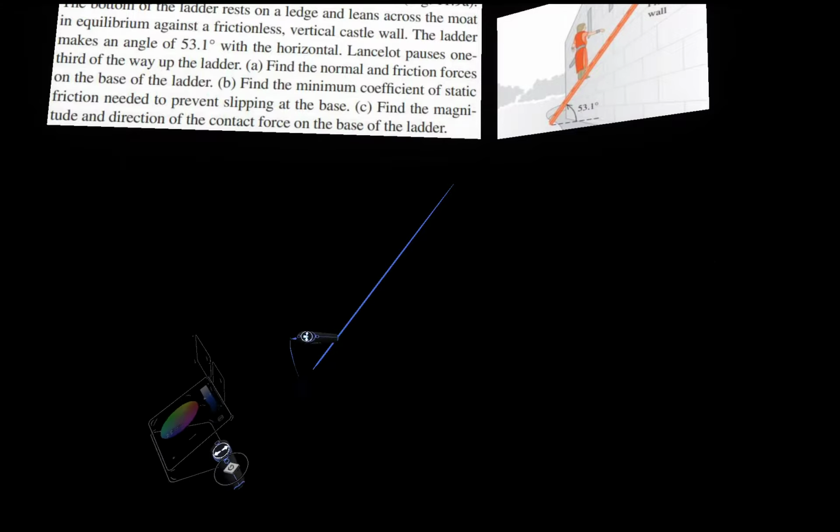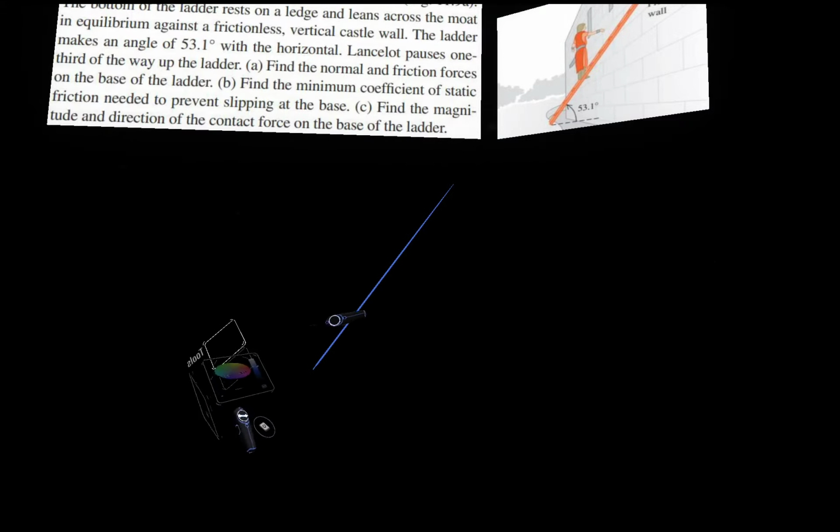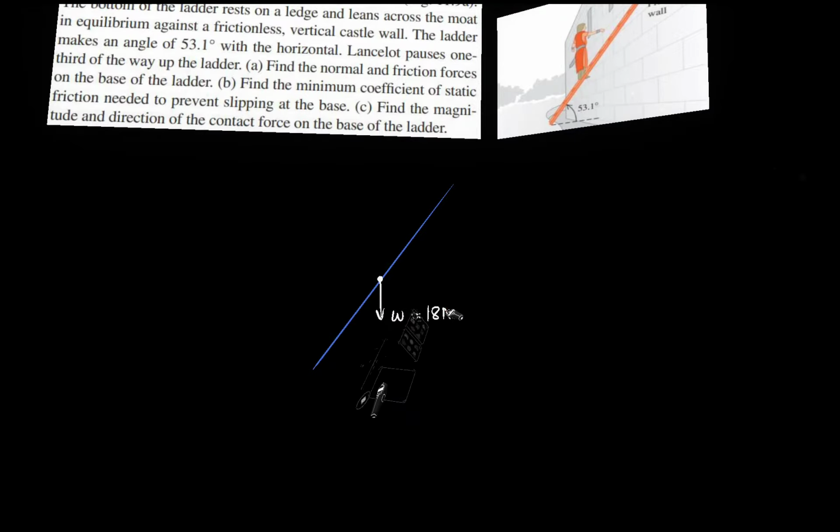All right. And the ladder has some center of mass. I'll use white here. Ladder's center of mass is here-ish, right? And its weight is acting. This is the weight of the ladder, so that was 180 newtons.